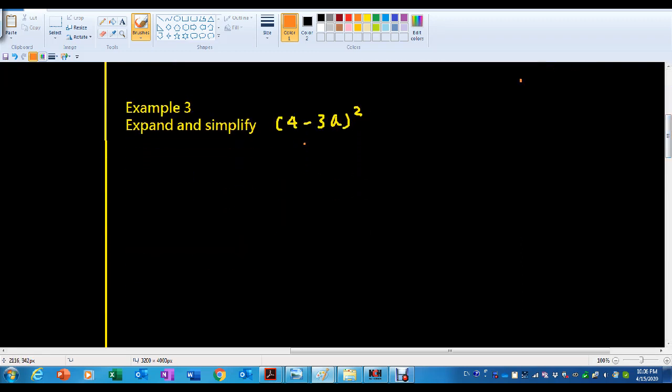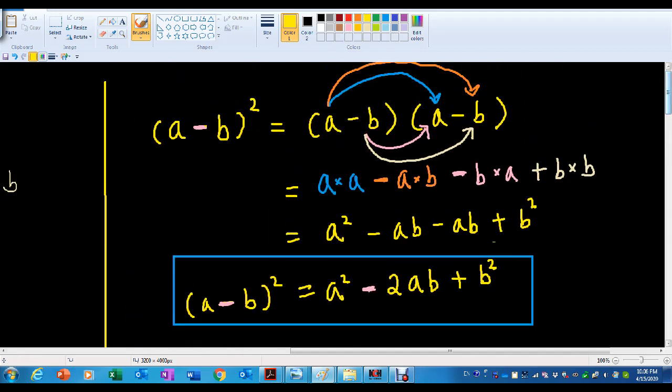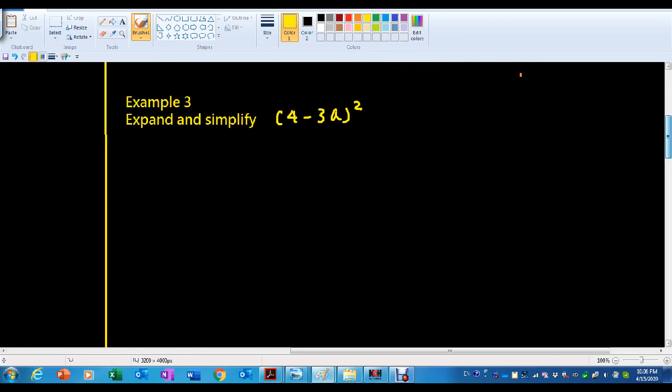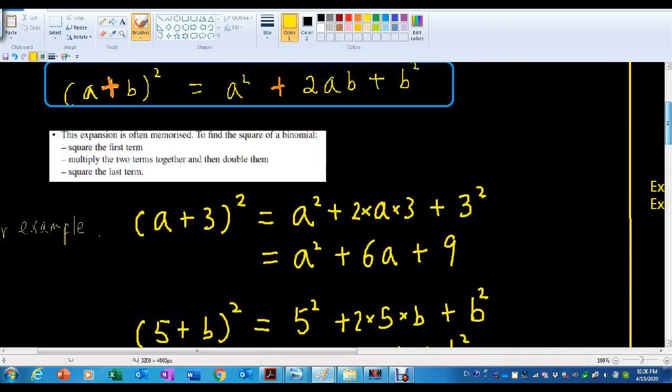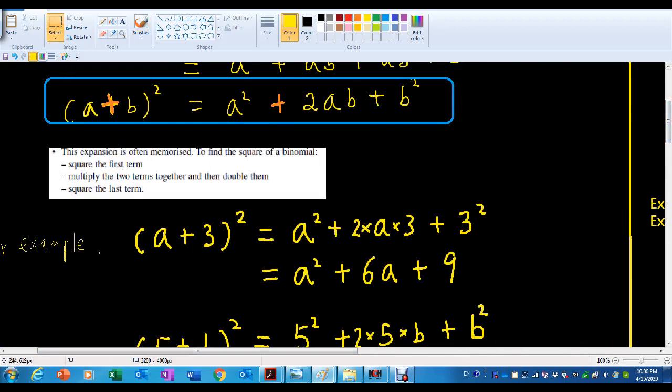Okay, so how about when you're asked to do 4 minus 3a squared? Okay, so of course we are not going to use FOIL, because FOIL is quite slow. We are going to use our previous rule. Still remember that rule? Okay, we're still going to use this rule. Let me copy it.